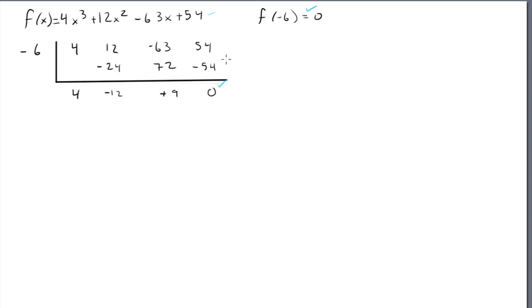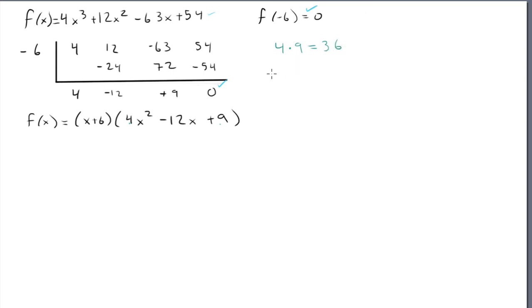So that tells us that f of x is equal to x plus 6 times the quantity 4x squared minus 12x plus 9. That's a tricky one to factor, so I'm going to try the AC method. 4 times 9 is equal to 36.